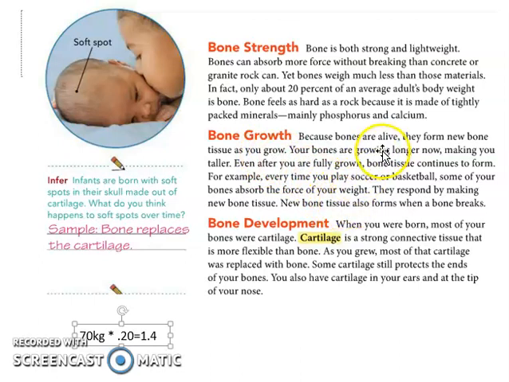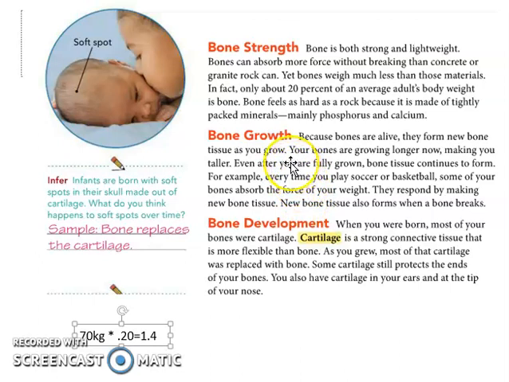Because bones are alive, they form new bone tissue as you grow. Remember that the bones are developing. When we are young, when we are a baby, we have 300 bones, but some are just fused, like the bones in our backbone.